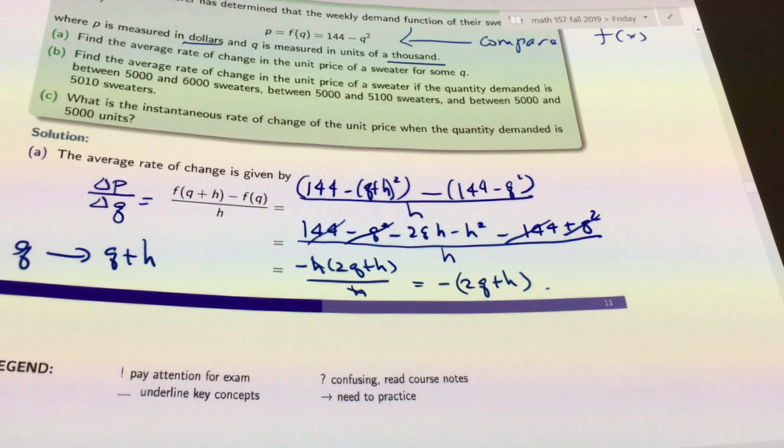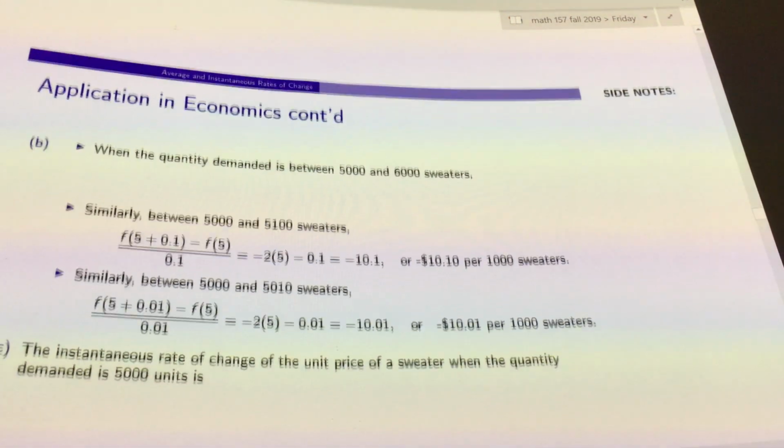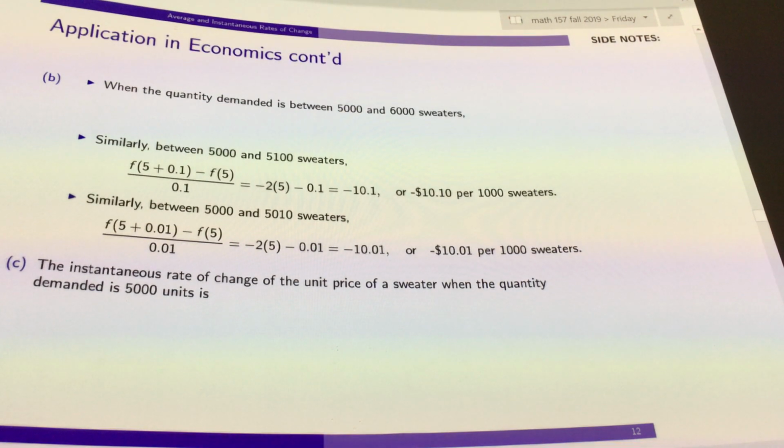Right? h is my change in Q. So for example, if I want to find out this, my Q will be 5,000, and the h will be the difference, which will be 1,000. Right? So now the second part. Okay? When I'm doing 5,000, that means Q is equal to 5.